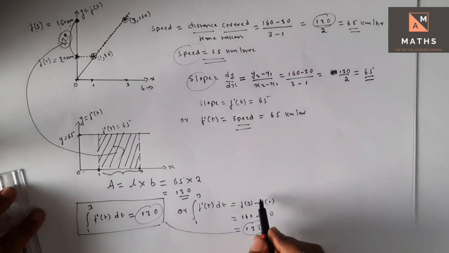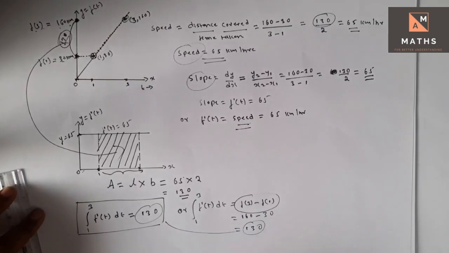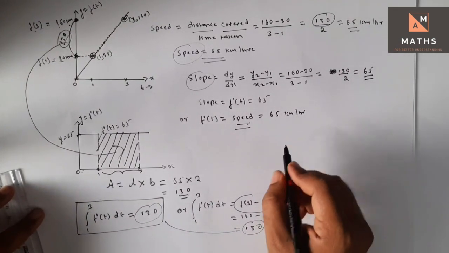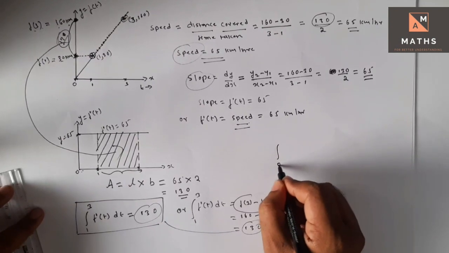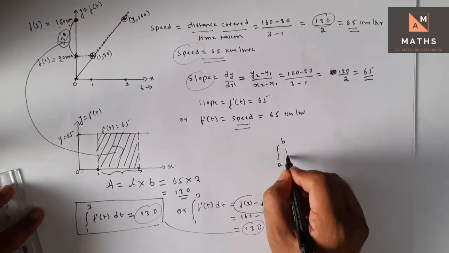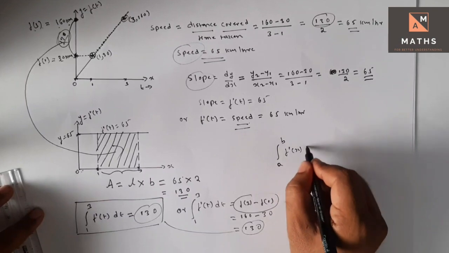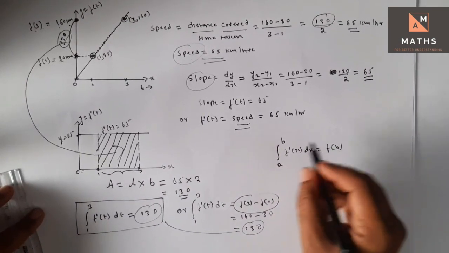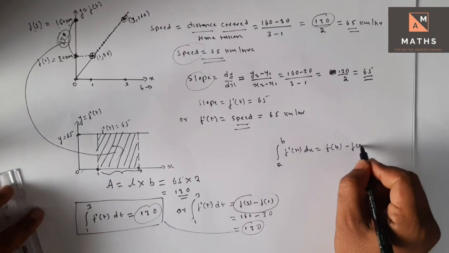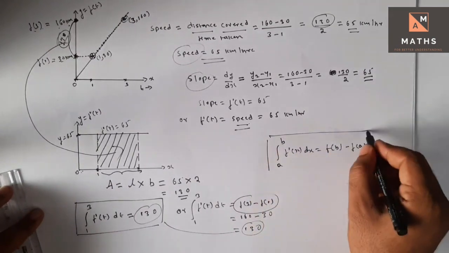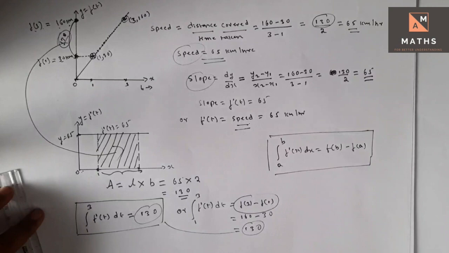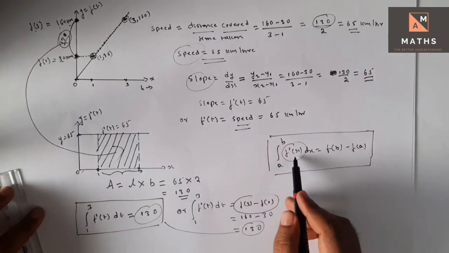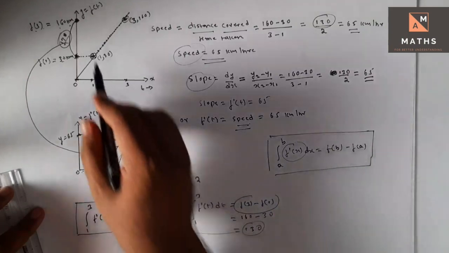So this is nothing but the fundamental theorem of calculus. In general, we can write this as integration from a to b of f dash of x dx is equal to f of b minus f of a. Whenever you integrate any function, that function is always a differentiation of some other function.